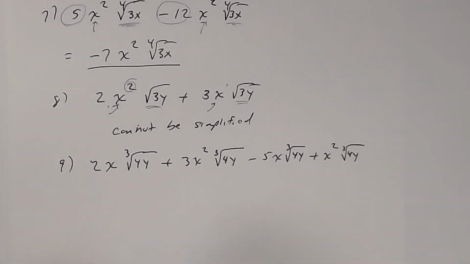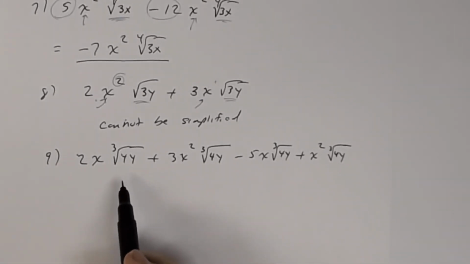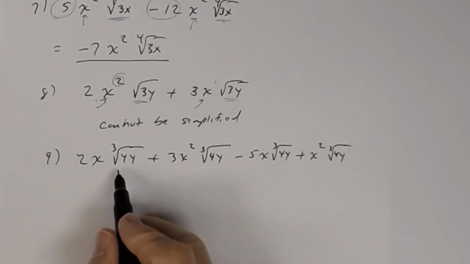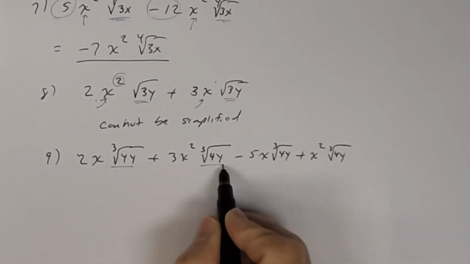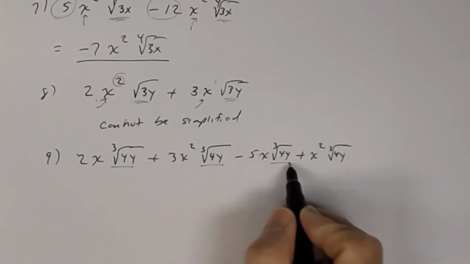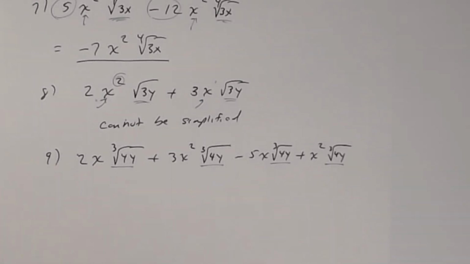All right, so looks like a lot, but think through it. It's not difficult. So I want you to notice though that in terms of the radicals, they're all the same. Cube root of 4y, cube root of 4y, cube root of 4y, cube root of 4y, right?